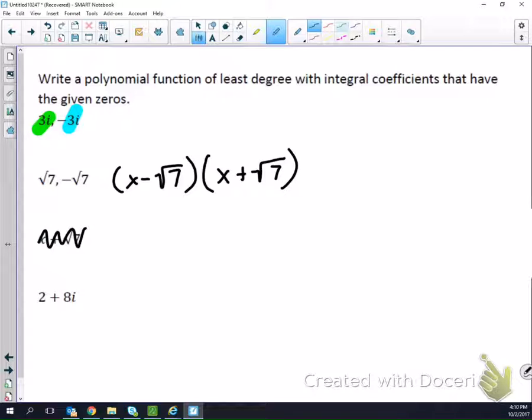And now we're just going to multiply that through. So x squared plus square root 7x minus square root 7x minus square root of 49.